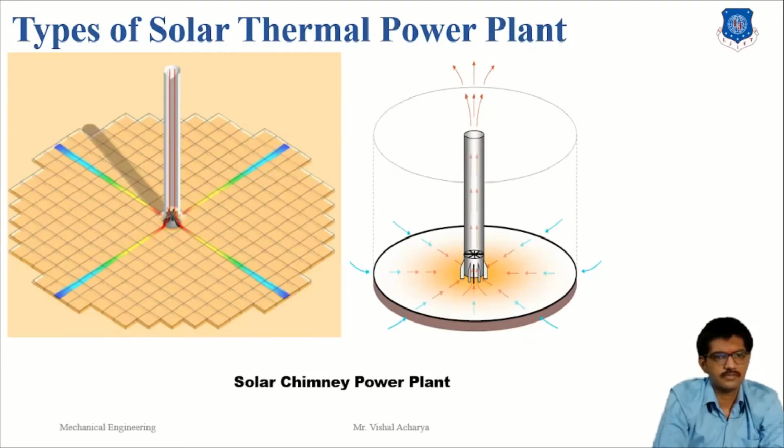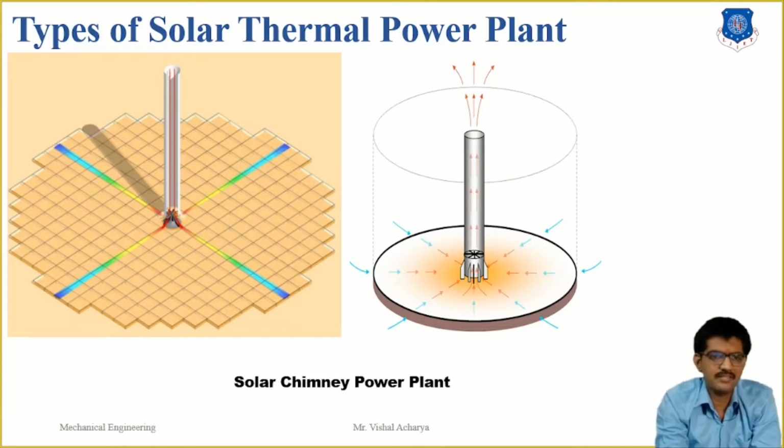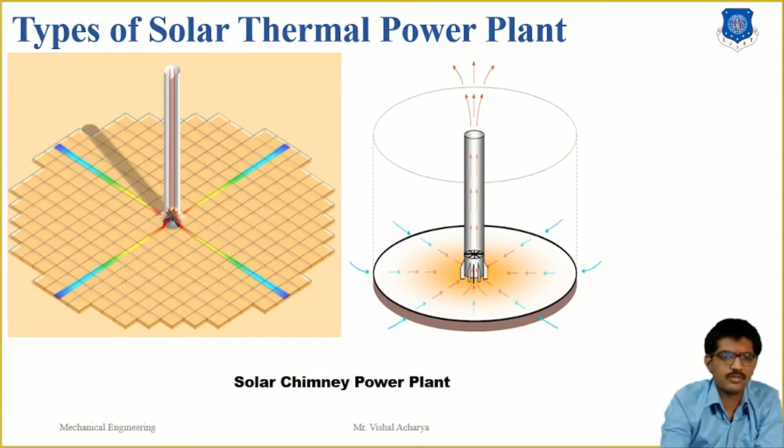First, the solar chimney power plant. The next power plant is the solar chimney power plant. The main principle here: man learned to make active use of solar energy at a very early stage.